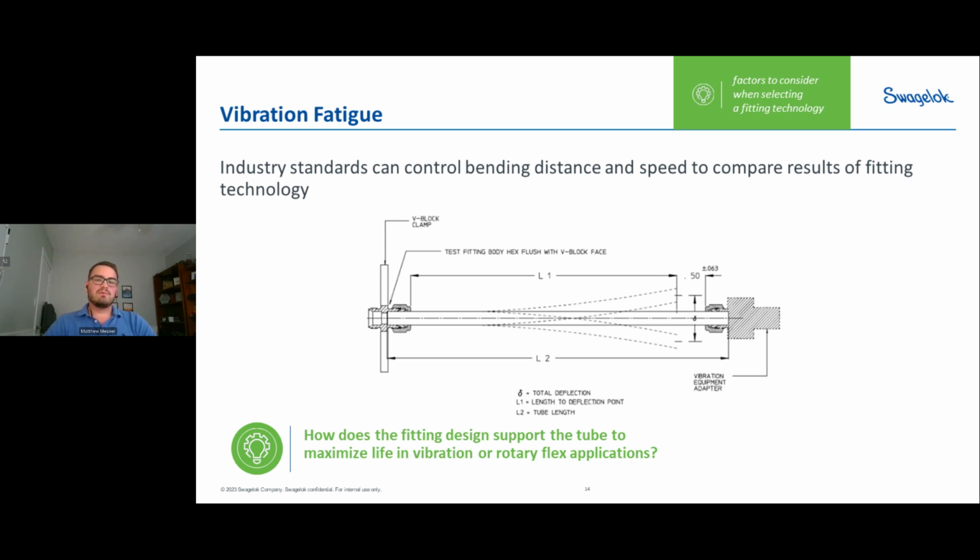And really what we want to make sure you look into when deciding on a fitting is, how is the fitting being supported? How is the fitting technology being safeguarded against that vibration so that you can maximize the life of that fitting in your applications?